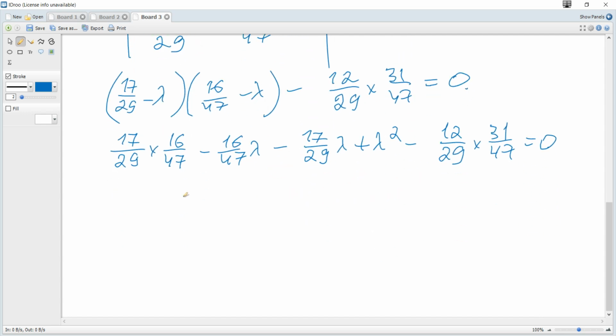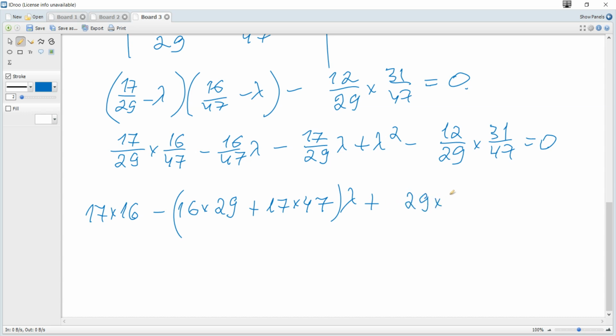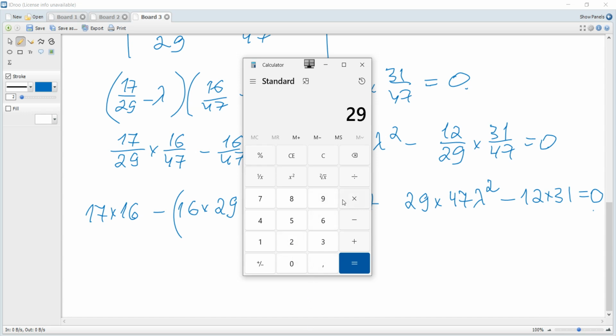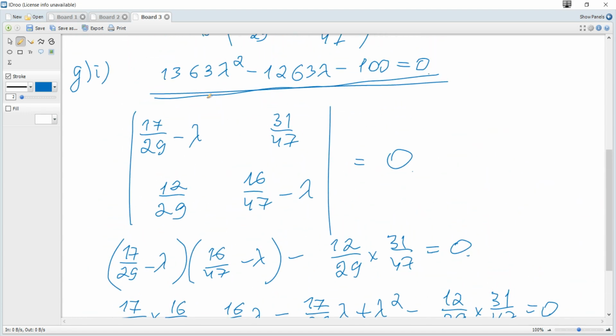And now let's multiply each term by 29 and by 47 to get 17 times 16 minus 16 times 29, and we can factor out minus lambda to get 17 times 47 lambda plus lambda squared multiplied by 29 and by 47, and minus 12 times 31 is 0, and 29 times 47 is this, and you can see it's correct as required.